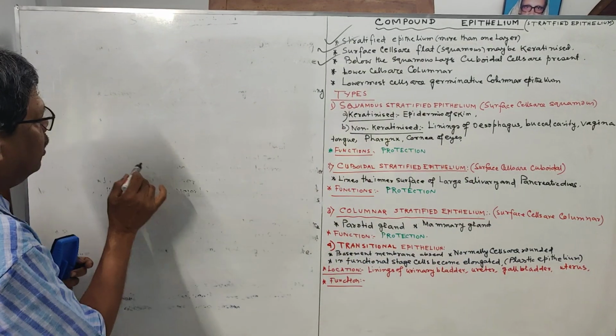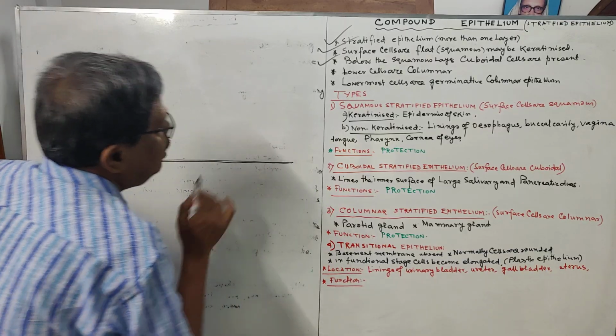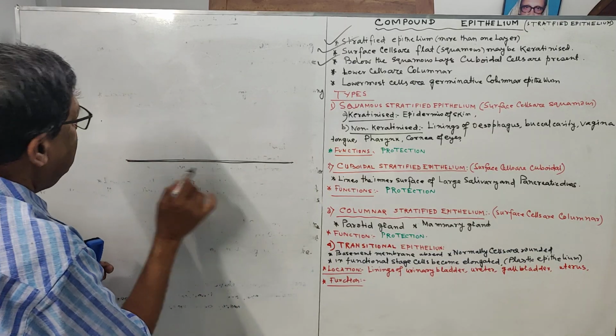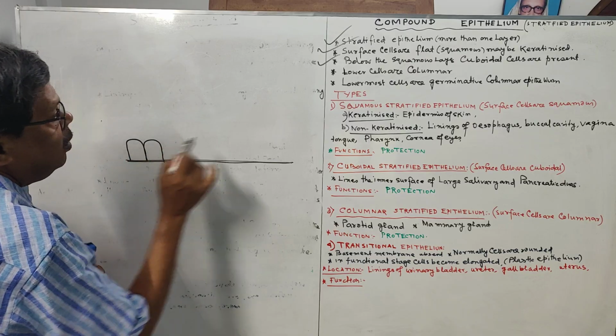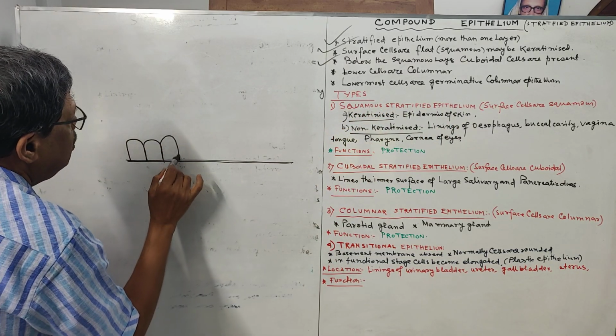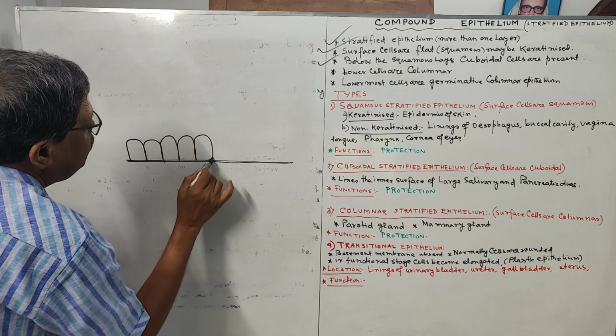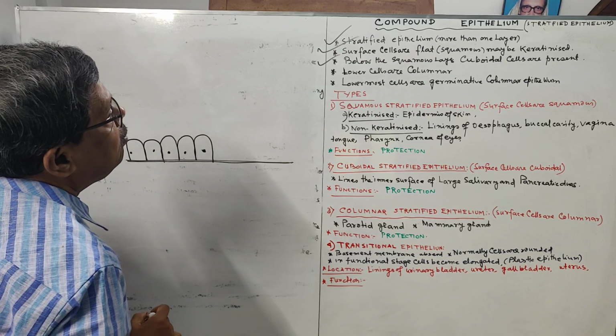This is the figure. Basement membrane. Columnar germinative epithelia.